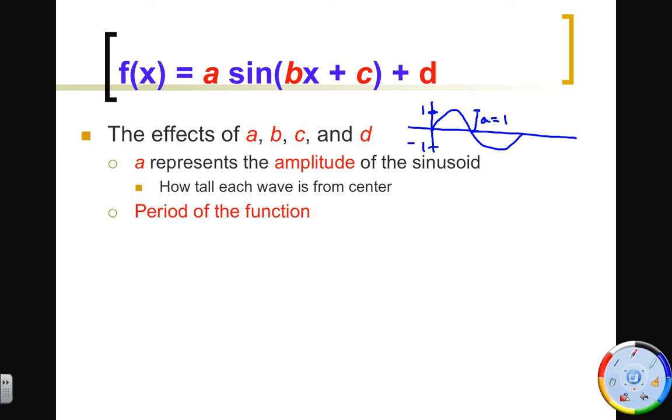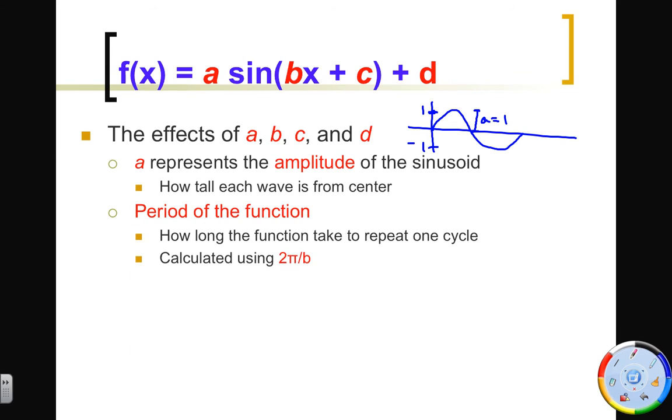Now, the period of the function comes from the value of b, but you have to remember for sine and cosine, the period of sine and cosine is 2 pi over b. This fraction right here is something you better memorize.